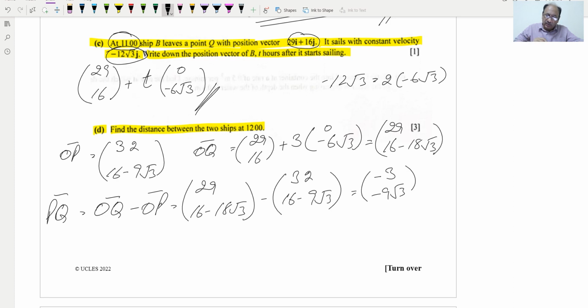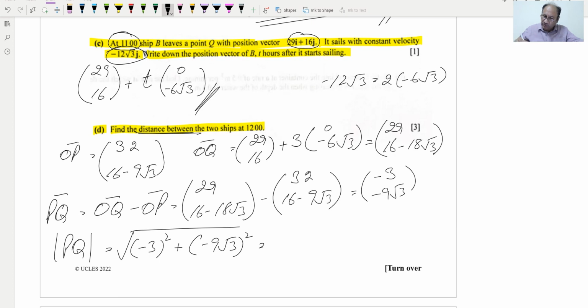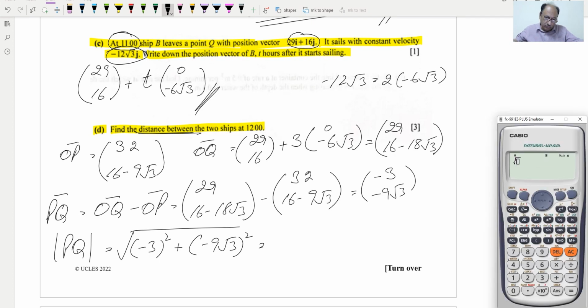So this will be our PQ, but they are asking for the distance, which will be the mod, so we will take the mod of PQ will be equal to minus 3 square plus minus 9 root 3 square, and this should be under root, and this will be equal to, we can take root with minus 3 square plus minus 9 root 3 and bracket close and square, and this will be equal to 6 root 7.